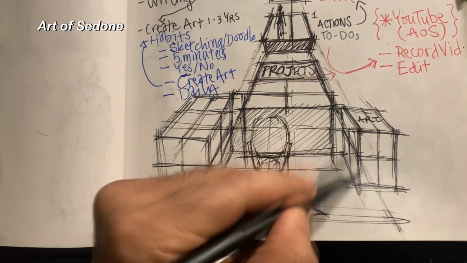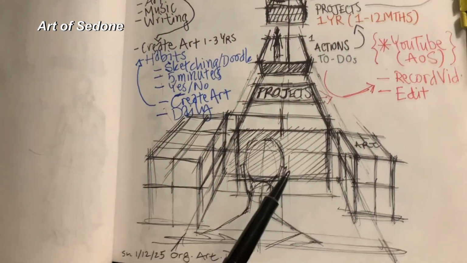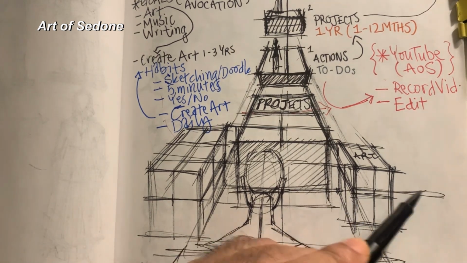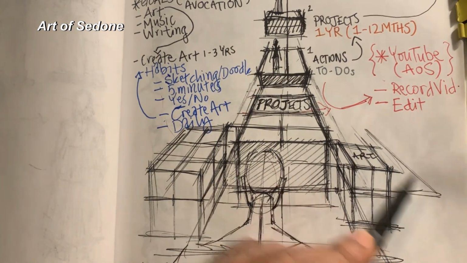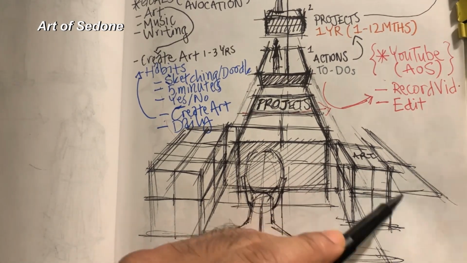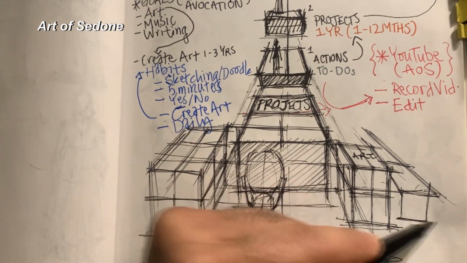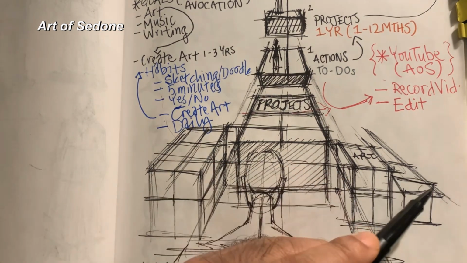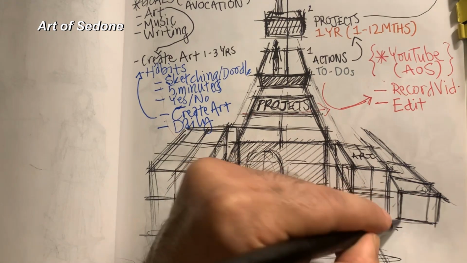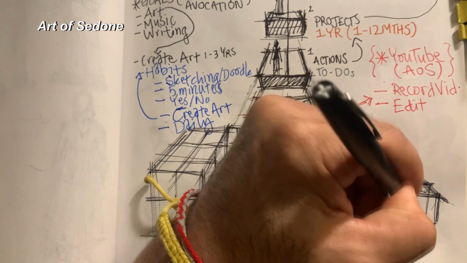So one of these smaller blocks. And then within that, part of this is I'm just playing around with perspective, freehanding the perspective. So I'm going to call this painting.